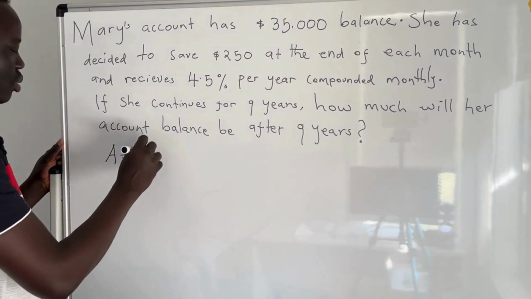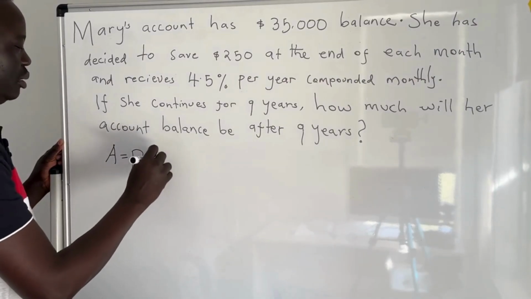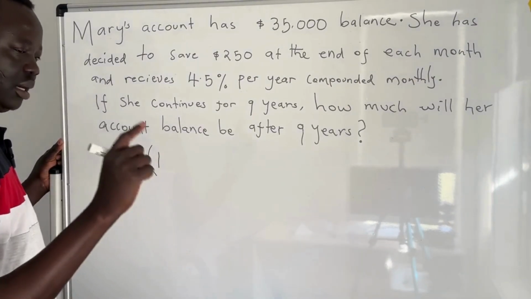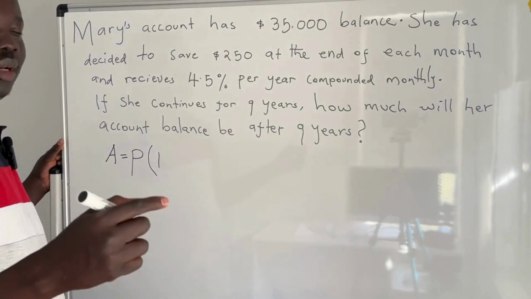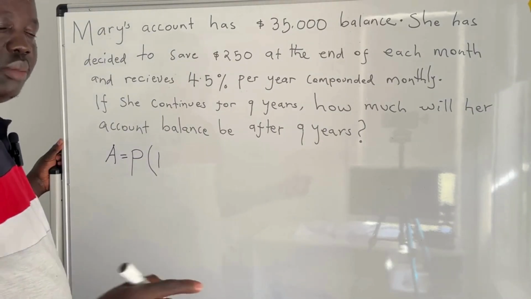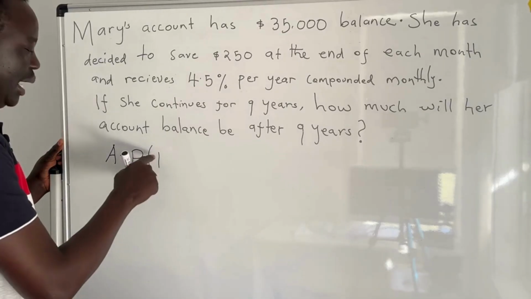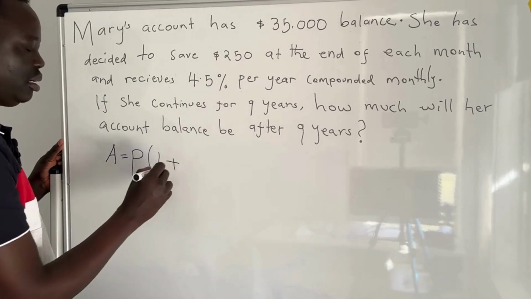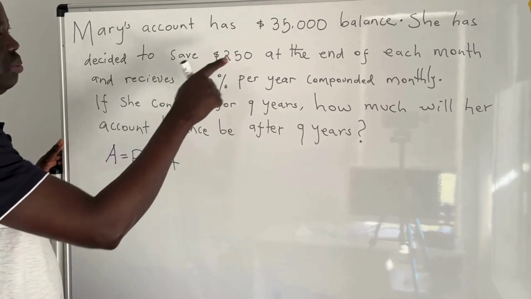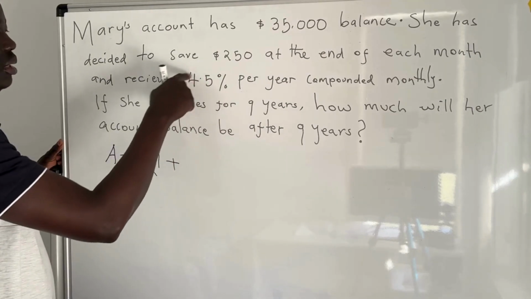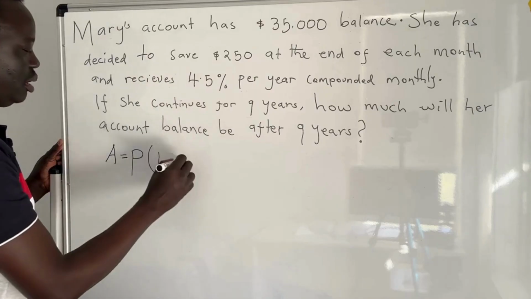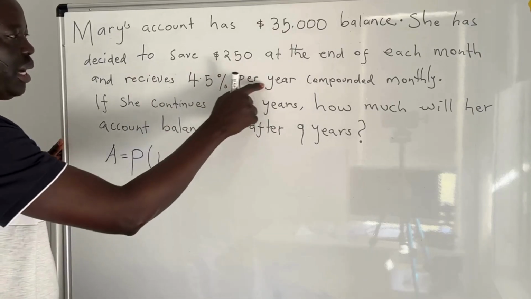And this one, which is 100%, I'll not explain this one because of the time factor, but we will learn as we go forward. So we have 1 plus R, the rate given, and this is per year.